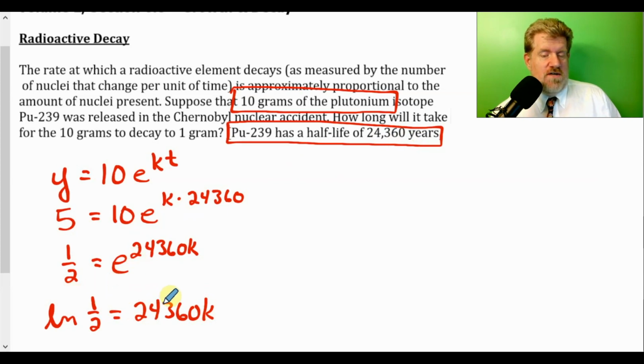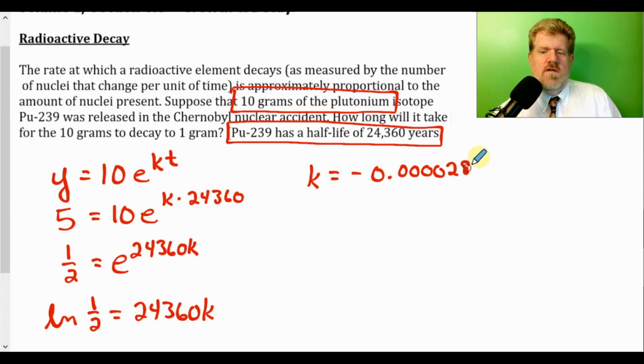So when I solve this for k, when I divide both sides by 24,360, here's what I get. It is negative, and what I got is 1, 2, 3, 4, and hang on, 2, 8, 4, 5. That's my k value. It's negative, which means it's going down, but it's also very small, which means it's very slowly going down.